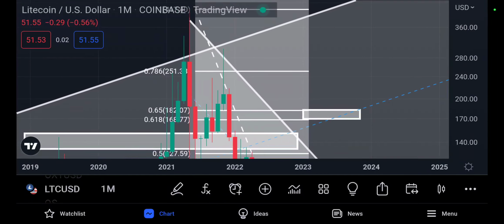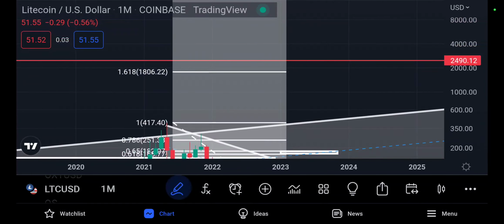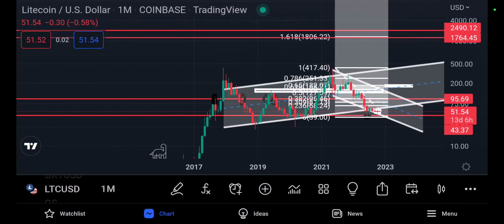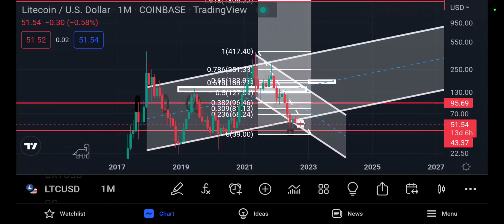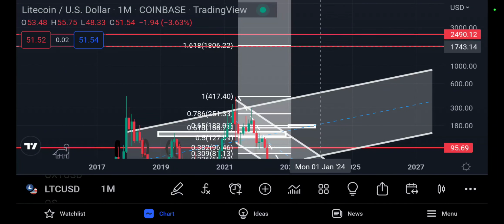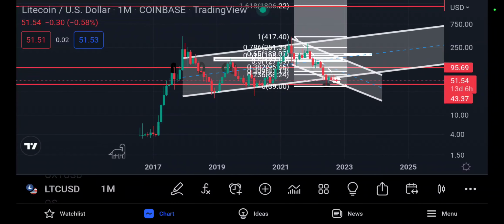Potential move up to $168.69 with a potential of $1,800. So now we have our two ranges in which Litecoin could rise up to. So $1,800 and $2,500 is the range.